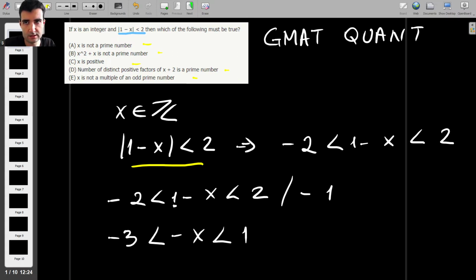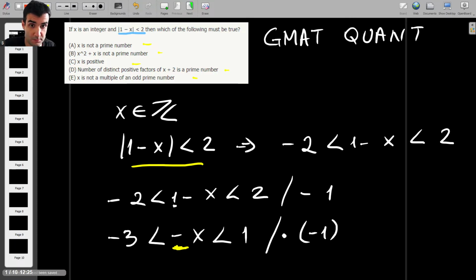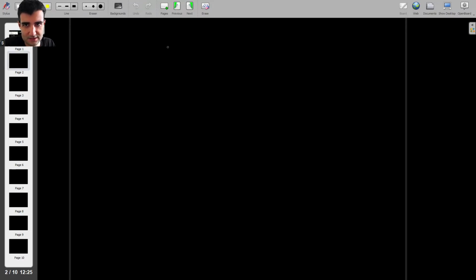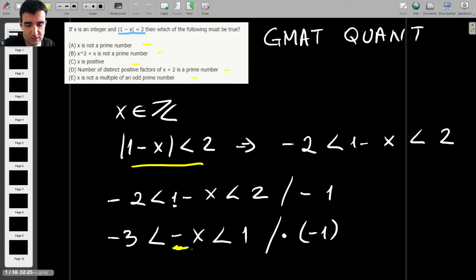The last thing I want to do is get rid of this minus. I don't like the minus x being there, so all we have to do now is multiply the inequality by minus 1. Keep in mind that when you multiply an inequality by a negative number, you also have to flip the direction of the inequality. So this now becomes x in the middle.